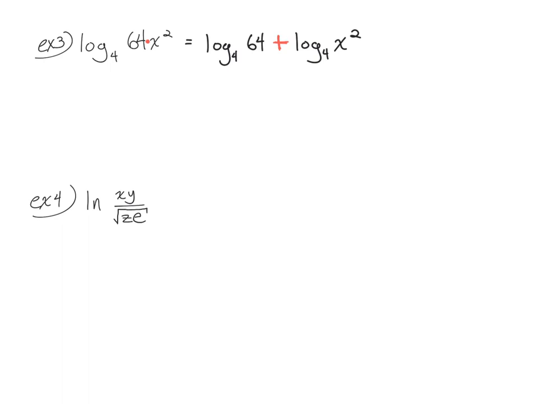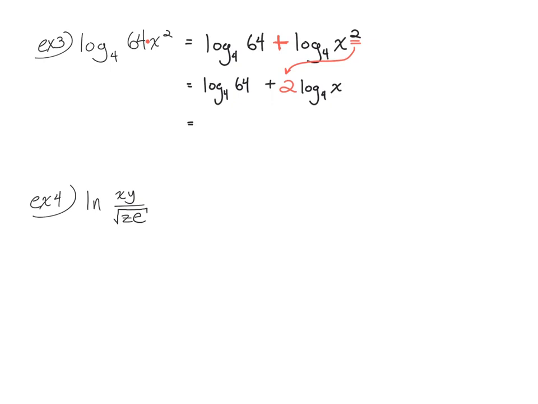What about the power rule? Let's see. Well, 64 doesn't have a power, but x does have a power. So what we will do is we will move that out front, and we will say we have 2 log base 4 of x. And log base 4 of 64 is still there. Finally, we have to check.